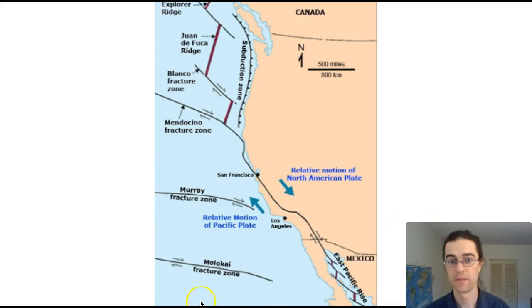And get a sense of some of the other significant fracture zones around the west coast of North America as well. This is a very significant subduction zone off the coast of Northern California up through Oregon, state of Washington, and especially here off the coast of Vancouver Island in British Columbia.